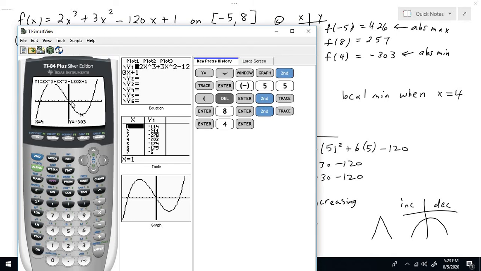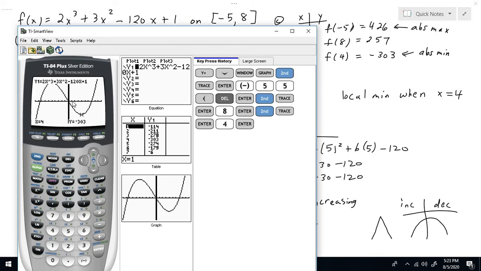From -5 to 8, and 8 would be 1, 2, 3, 4, 5, 6, 7, 8. I believe it's about right there. The y value at that spot appears to be lower than the y value over here. So yeah, that does appear to be the location of the absolute maximum.